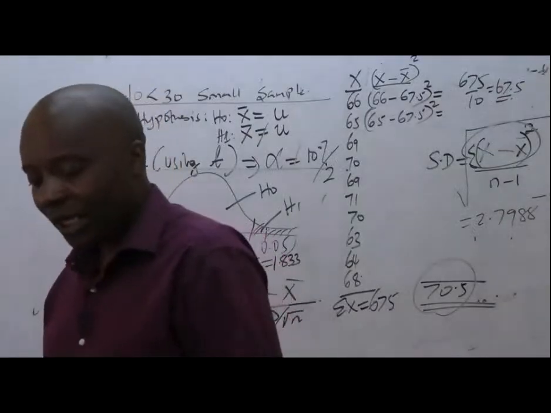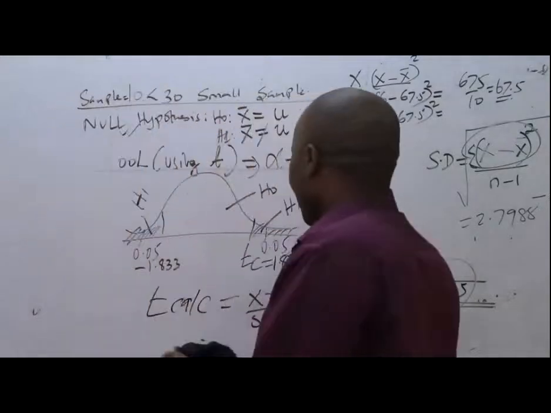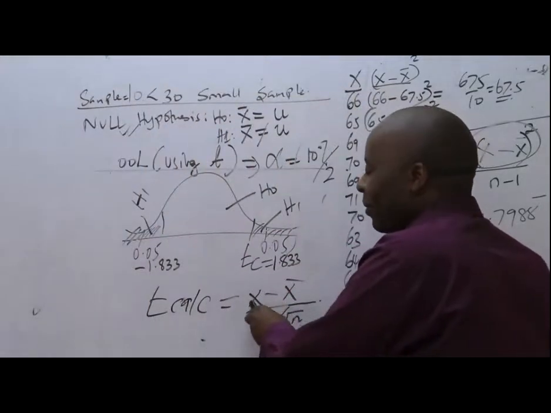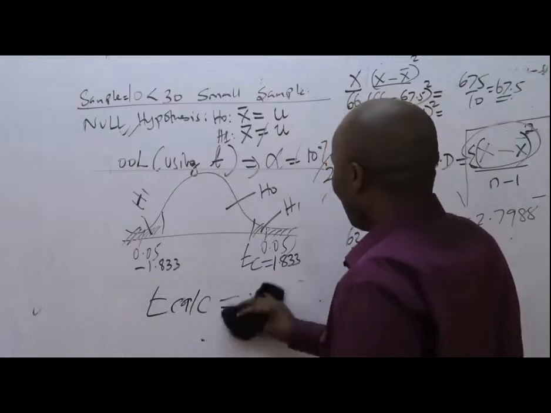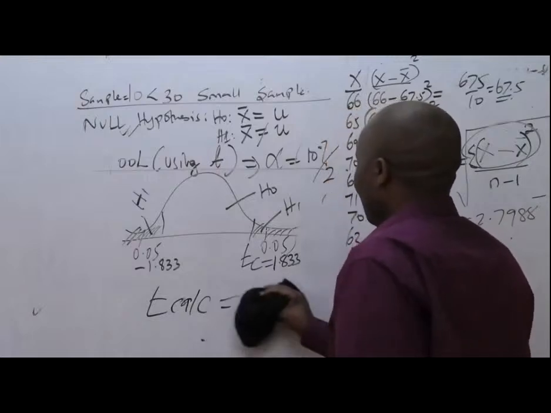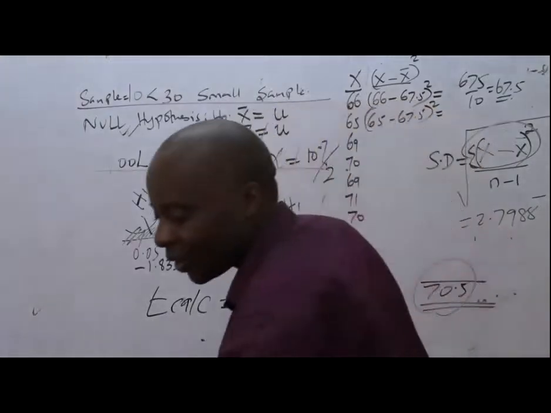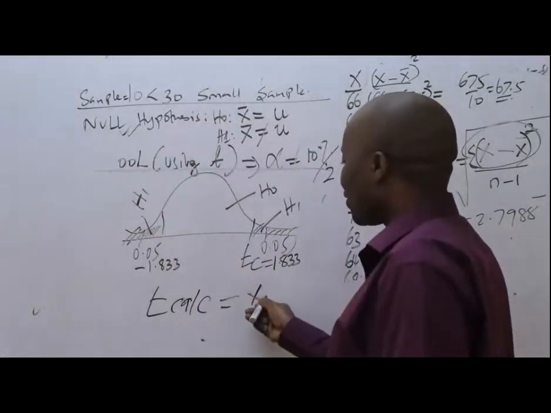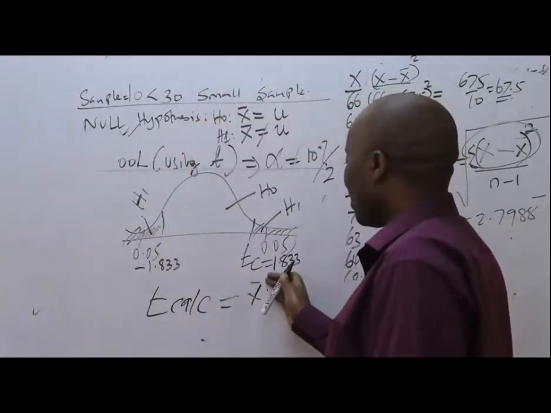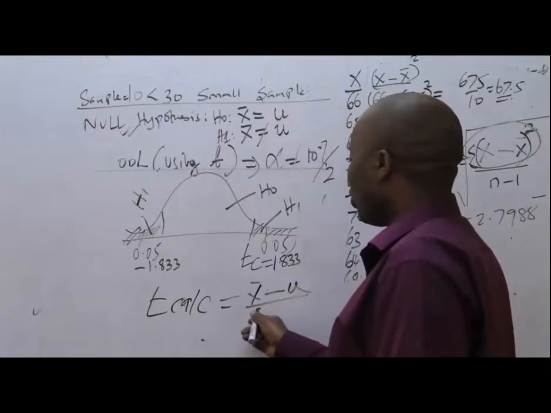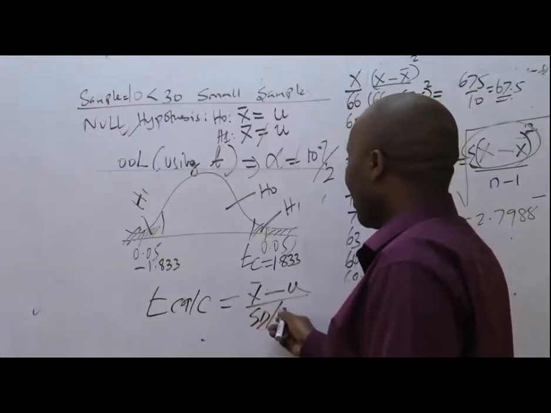Remember, if you remember the Z, the number Z, the formula here is X bar, it's two means, X bar minus mu, all over standard deviation divided by root n.